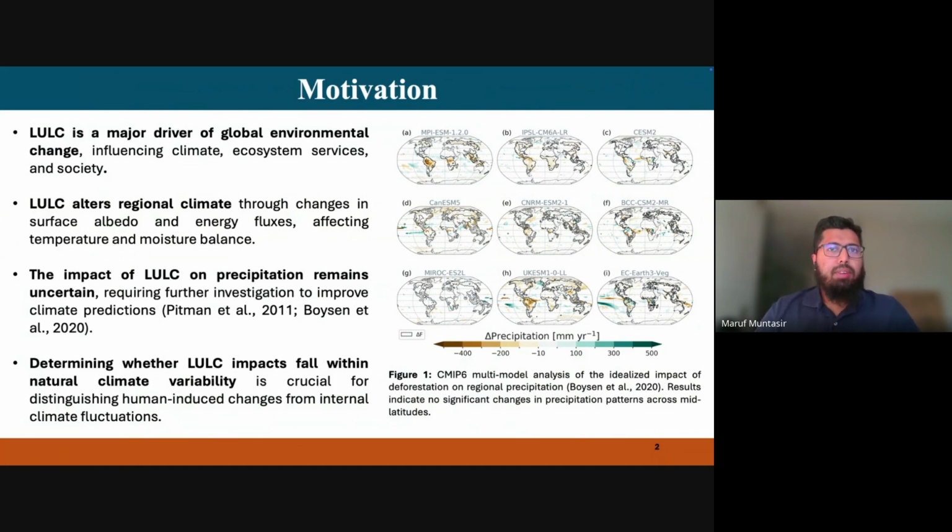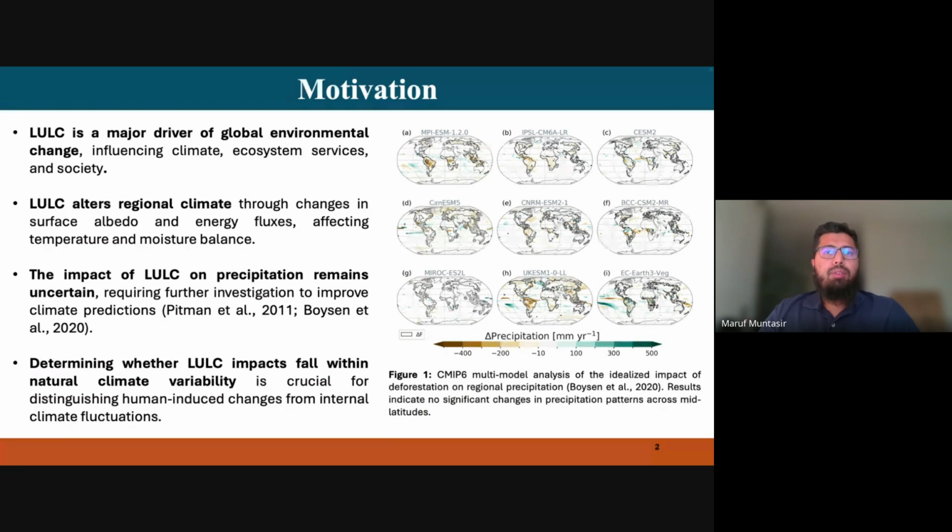Sorry about that interruption. So we know that LULC is a major driver of global environmental change. It influences climate, ecosystem, and society. It changes surface albedo and energy flux, which affects temperature and moisture balance. Eventually, it alters the regional climate.